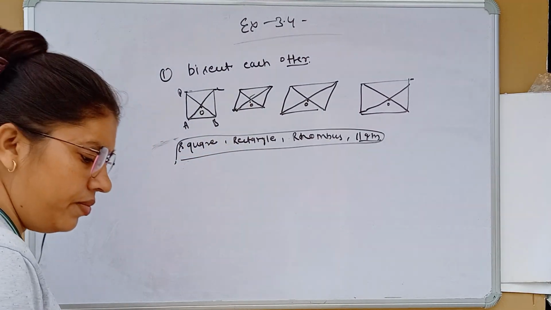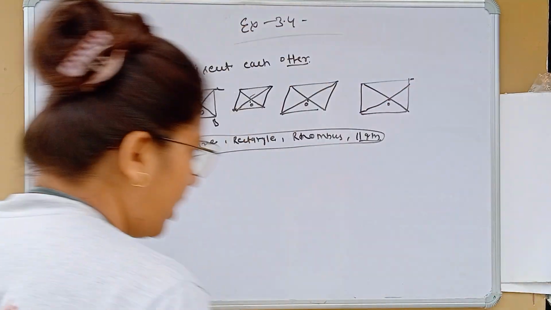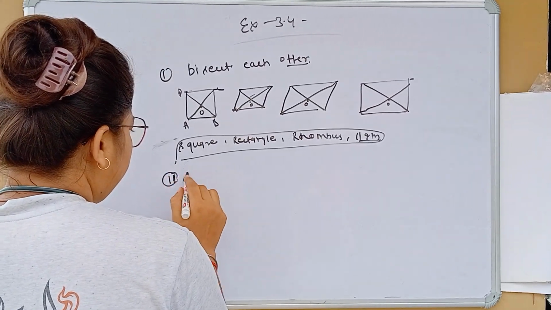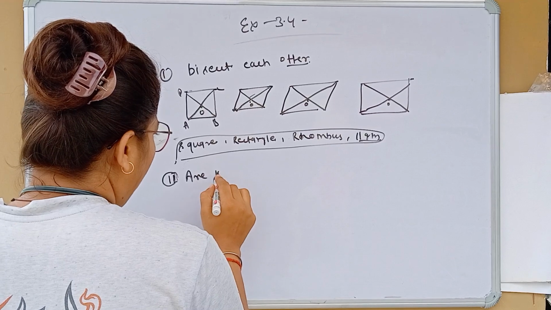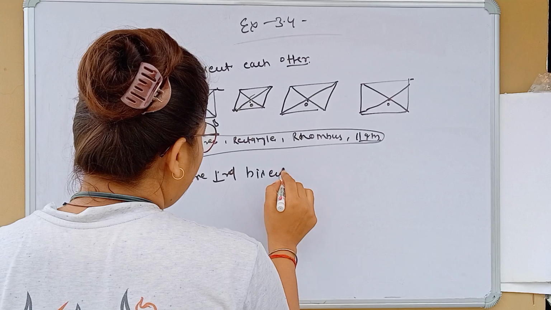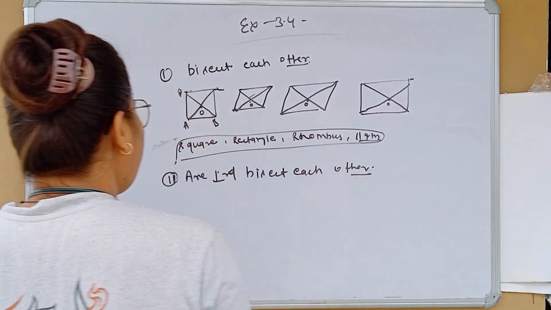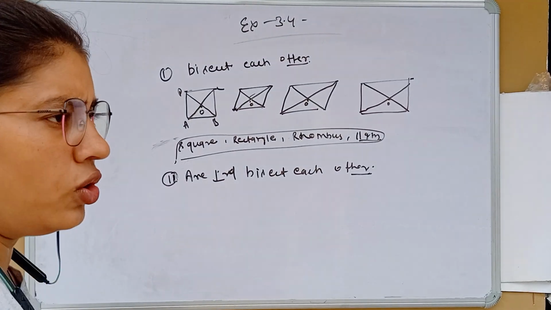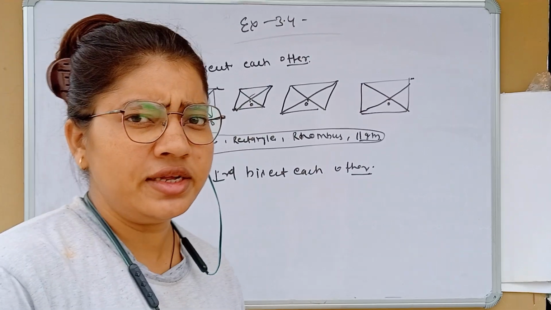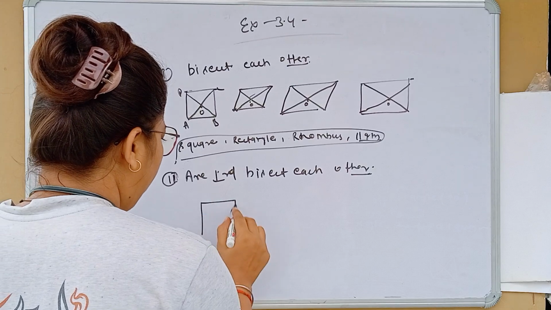Okay, all these quadrilaterals have diagonals that bisect each other. So the second question asks: are perpendicular bisectors of each other. By property, only two quadrilaterals have diagonals that bisect each other perpendicularly. Which quadrilaterals? That is square and rectangle.